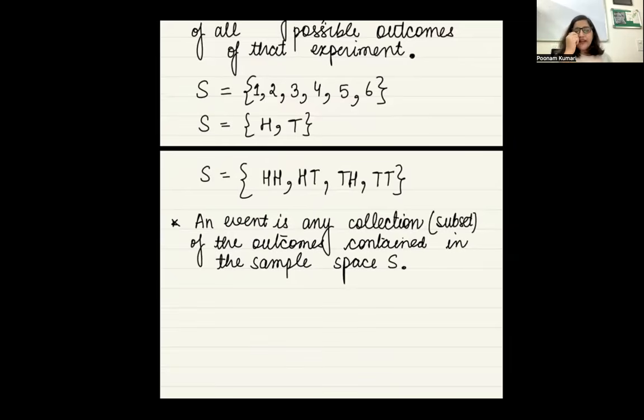Okay. So what is an event? An event is nothing but a subset of your sample space.